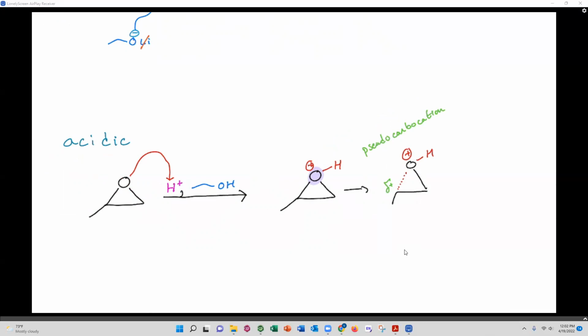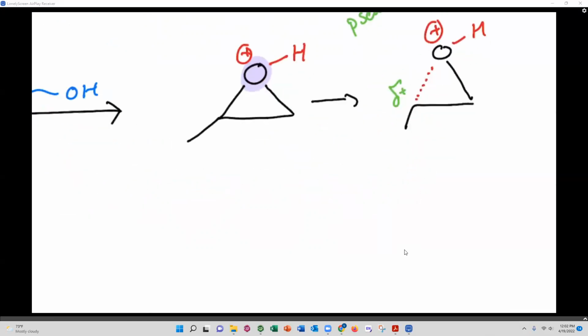Keeping in mind that my nucleophile, even though it's not charged on that oxygen atom, has a partial negative charge, this partial negative charge here is being drawn to this charge right here.